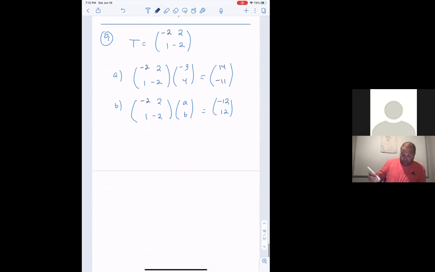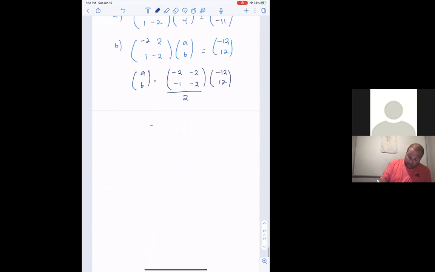So okay, let's do this now. So what is A, B? Those switch, which means you get the same thing. Those switch sign, and we divide by 2. 4 minus 2, -12, 12. So this gives us, I'm going to absorb the 2 into the other one.